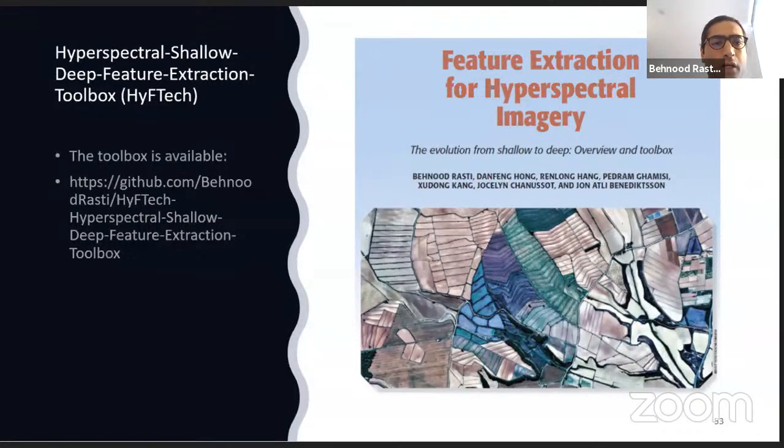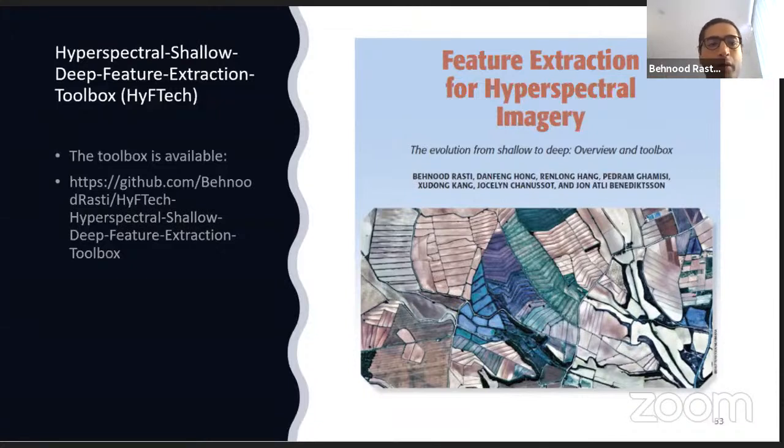You can download and use HyperTech, and maybe in the next session, or at the end of the next session, I can help you work with this toolbox if you need.